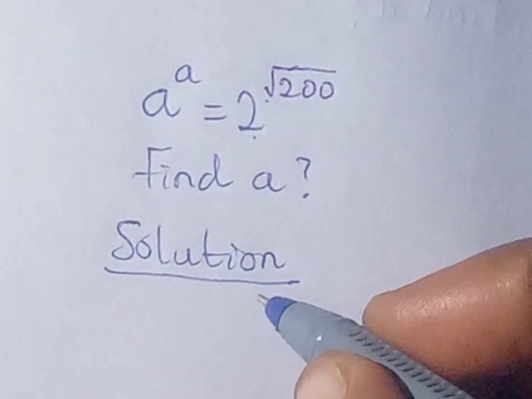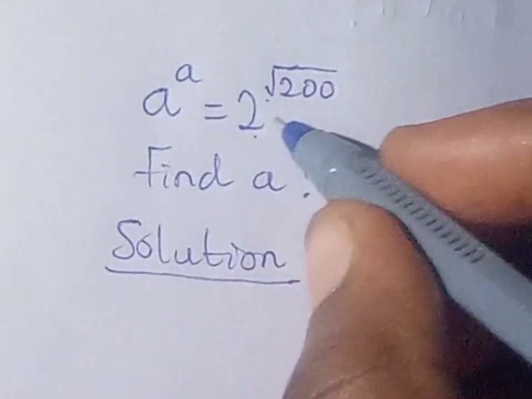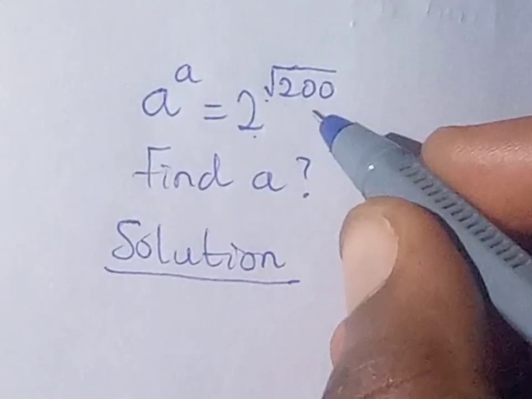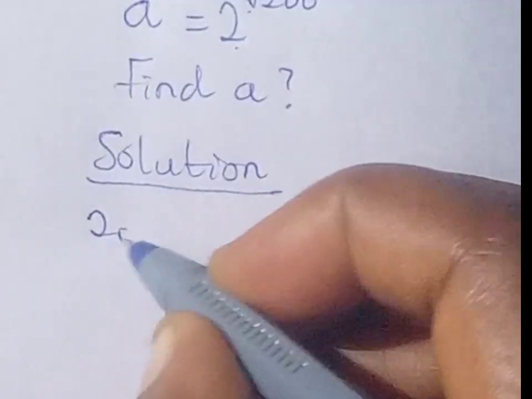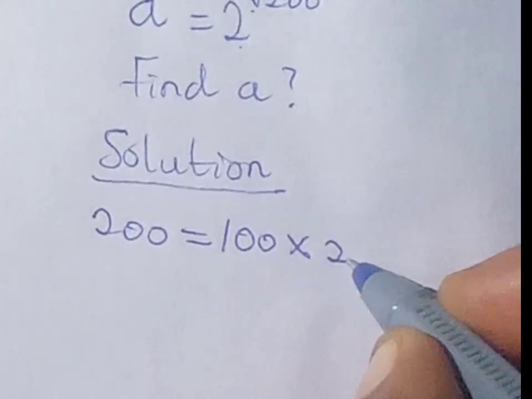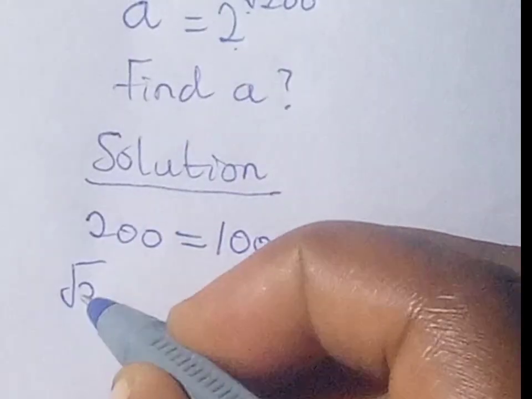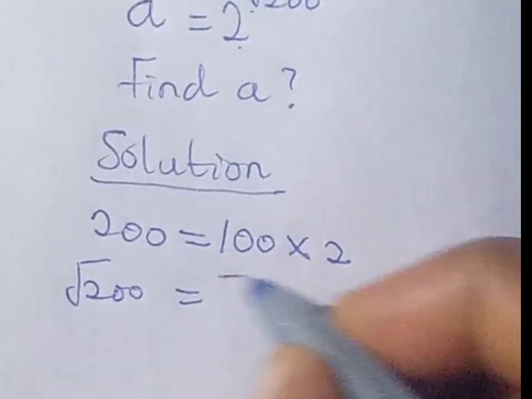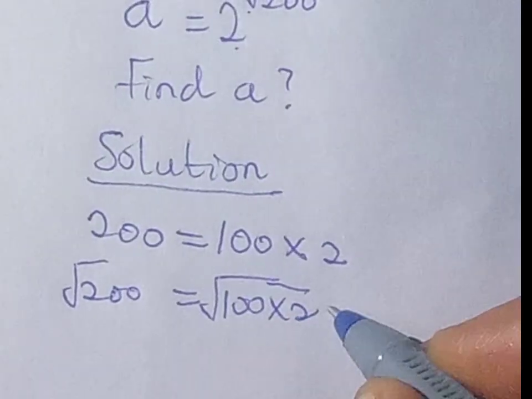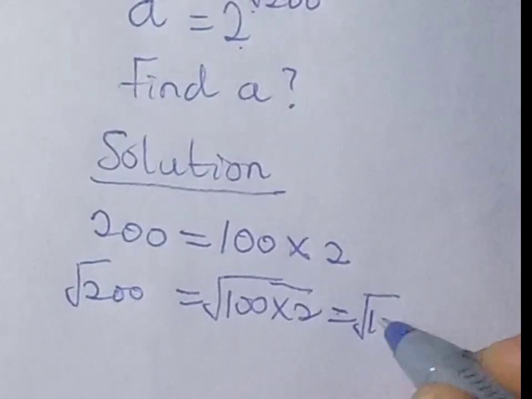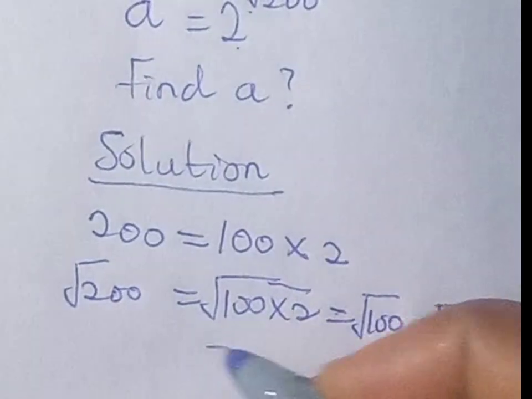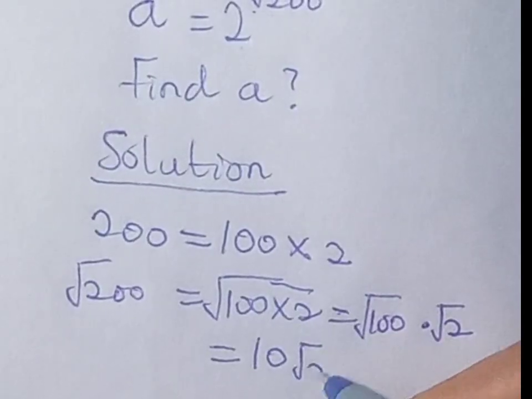The first thing is, let's simplify the right hand side here. The first thing we notice here is square root of 200. Since 200 is equal to 100 times 2, then square root of 200 equals square root of 100 times 2, which is equal to square root of 100 times square root of 2, which will give us 10 root 2.